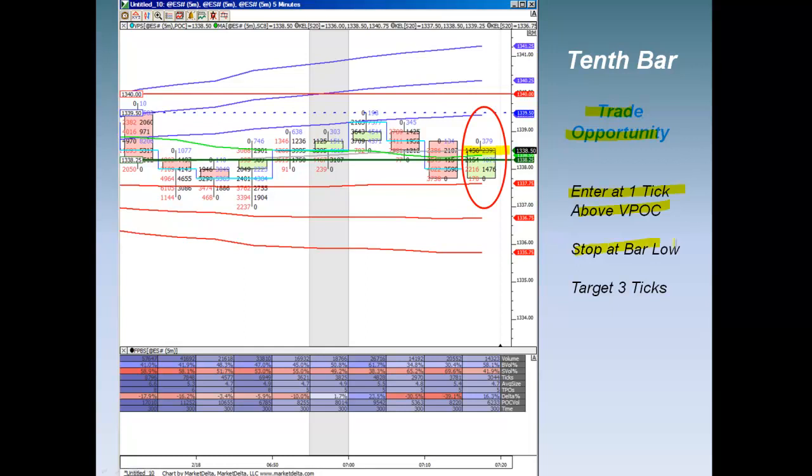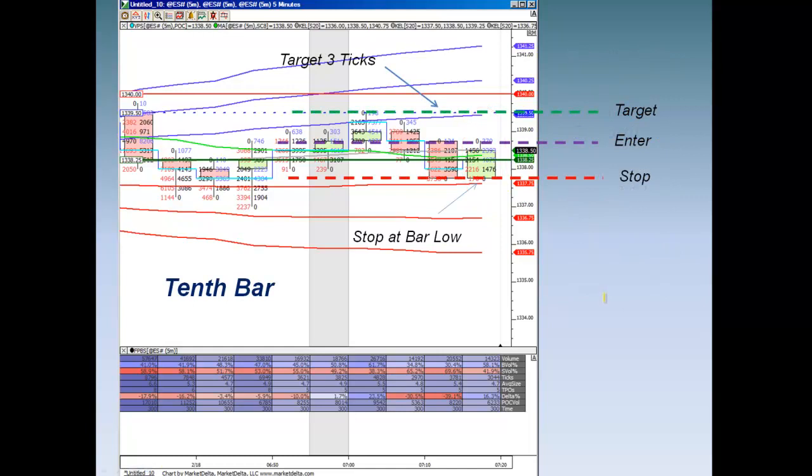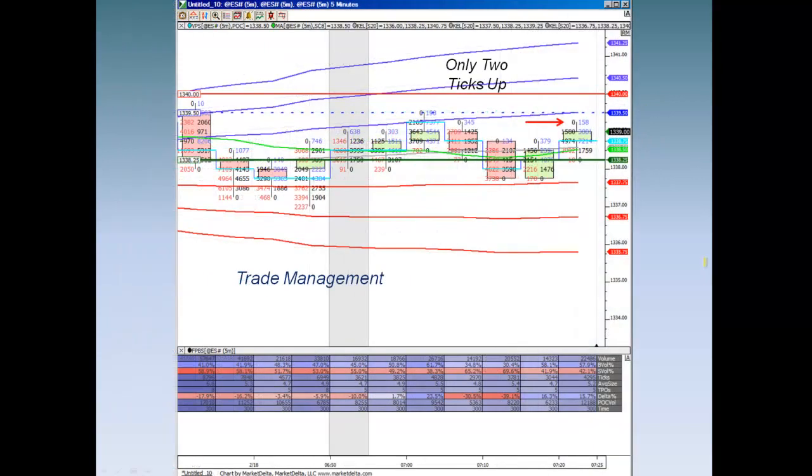We're going to put a stop at the bar low right here, and our target is the usual 3 ticks. So let's take a look now with the lines where we are. We have our stop, we have our entry, and we have our target all highlighted on the chart.